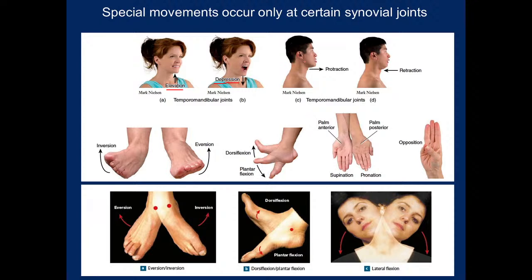These joints also have protraction, or moving the mandible forward, and then retraction when it comes back. These are all special movements in the temporomandibular joints.